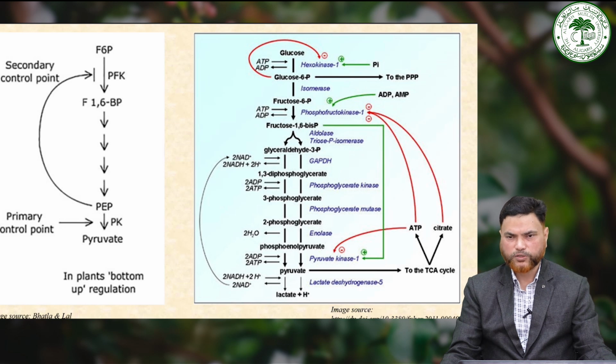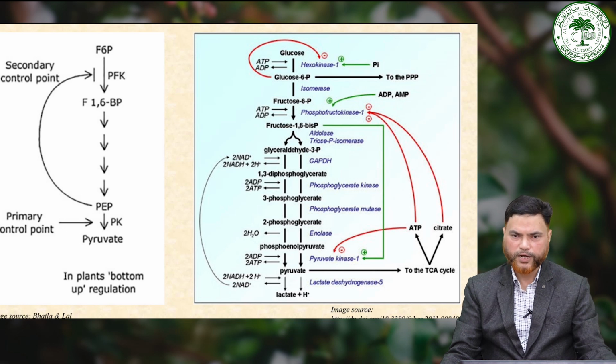In addition to this, pyruvate kinase is subject to dual regulation to maintain a delicate balance in cellular energy metabolism. On one hand, this enzyme is inhibited by ATP, which is the end product of glycolysis, ensuring that when cellular ATP levels are high, glycolysis is slowed down to prevent unnecessary ATP production.